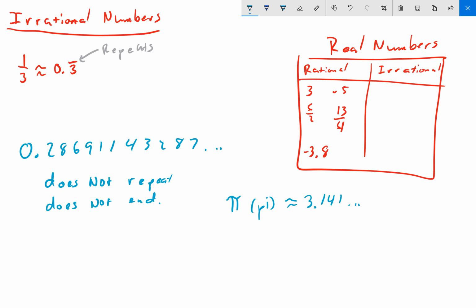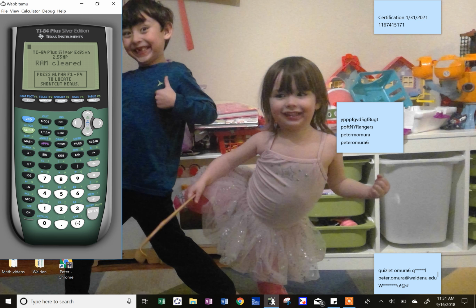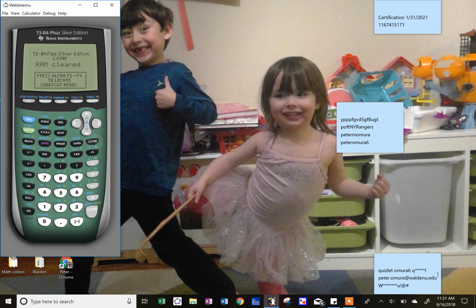And if you go to your calculator and you type in pi, you will see it goes 3.14159. It goes on and on forever. It doesn't repeat. Well, there's other numbers as well, such as the square root of 2.